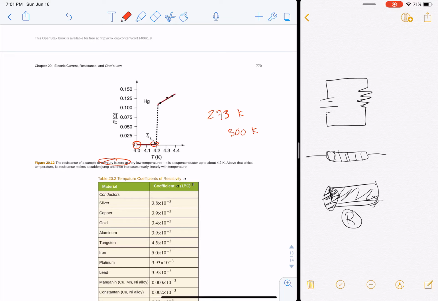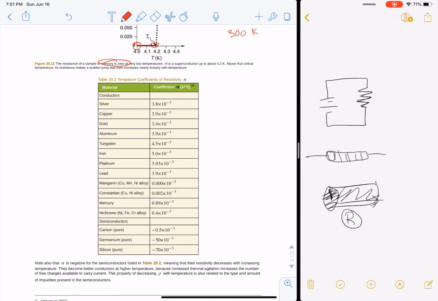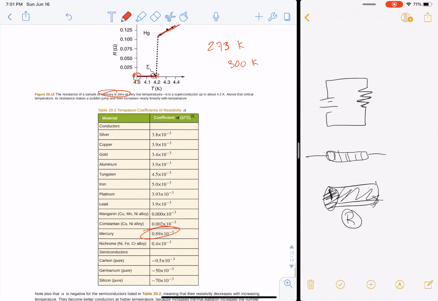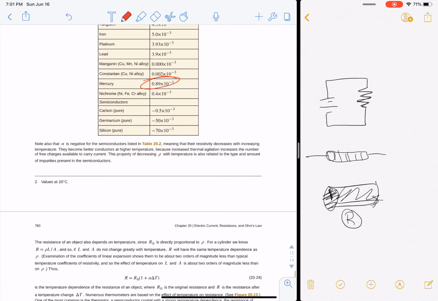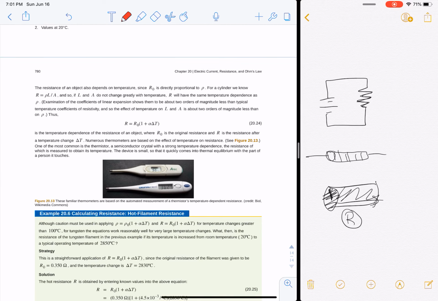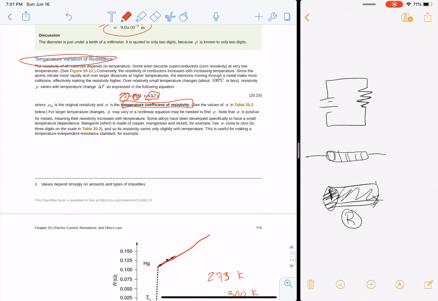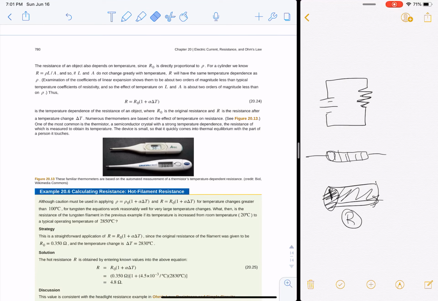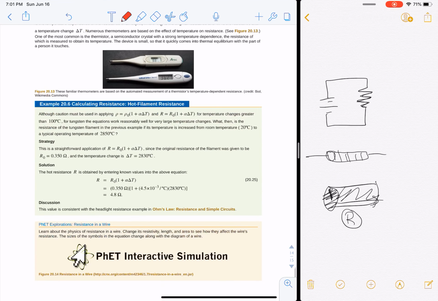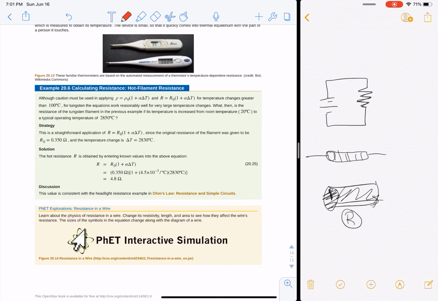Mercury is about 10⁻³ at room temperature, so alpha is about 1 per degree Celsius. That gives you the resistivity, and if you plug that in, you get your overall resistance, because resistance depends on resistivity.